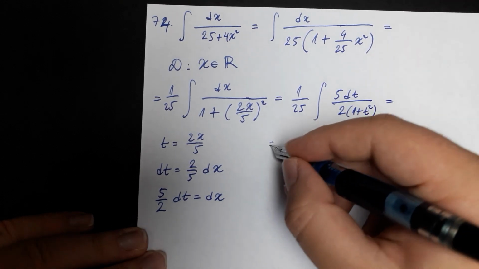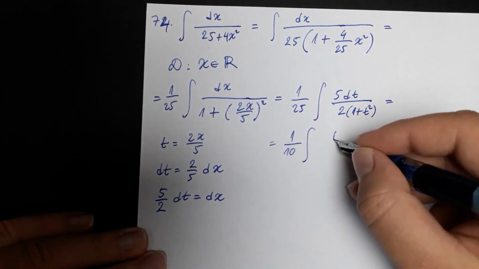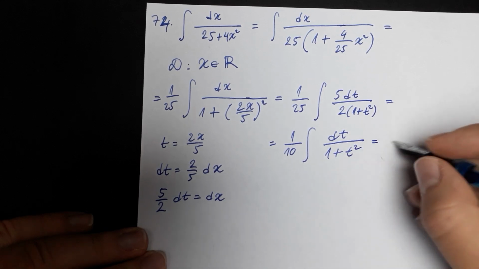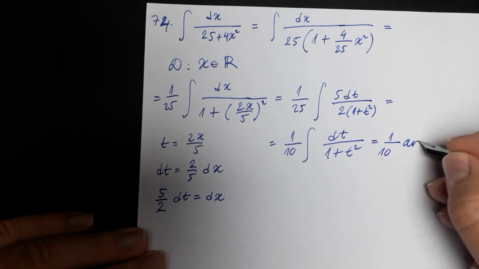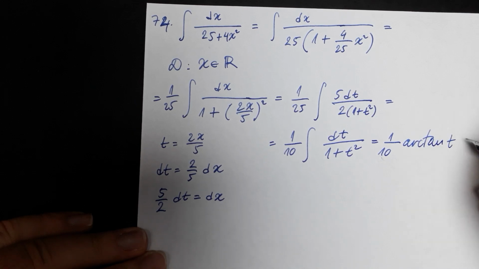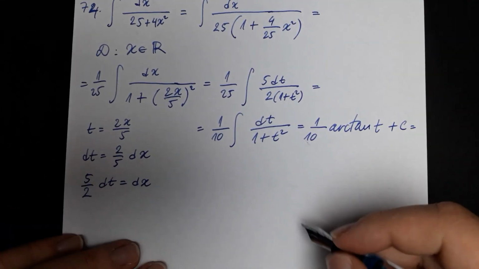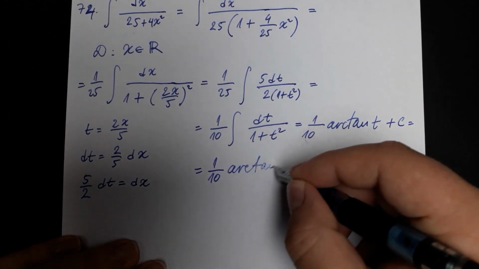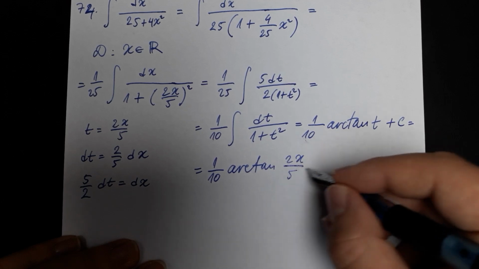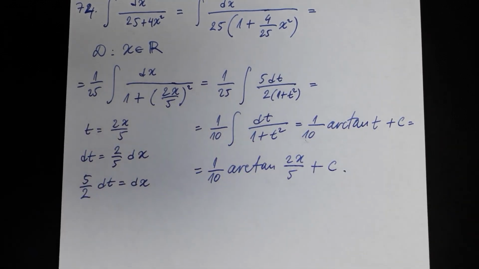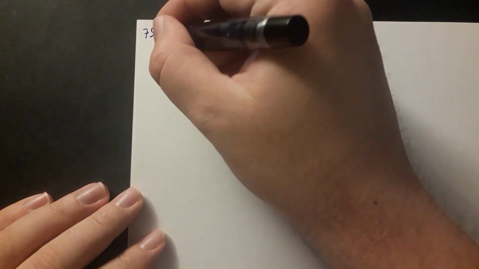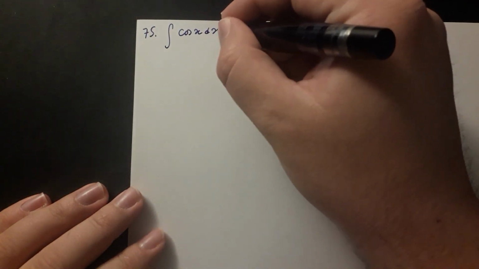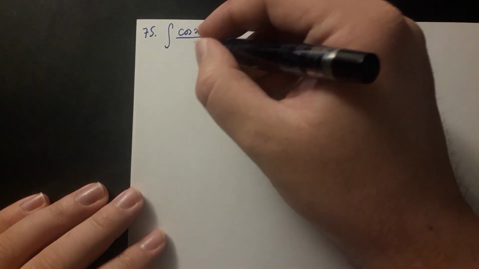This is equal to 1 divided by 10 integral of dt over 1 plus t squared, which is 1 over 10 arctan of t plus c, which is then equal to 1 over 10 arctan of 2x divided by 5 plus c.